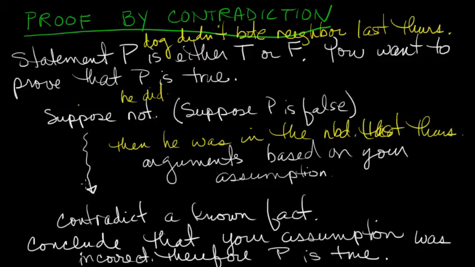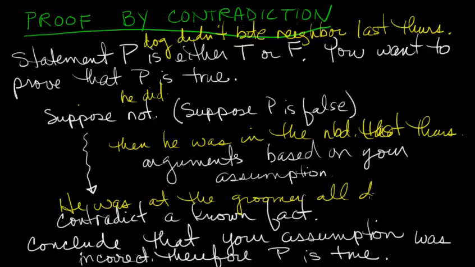If he bit the man, then he was in the neighborhood. But he was at the groomer all day last Thursday, and so you can conclude that your assumption that he did bite is false, and therefore he didn't.